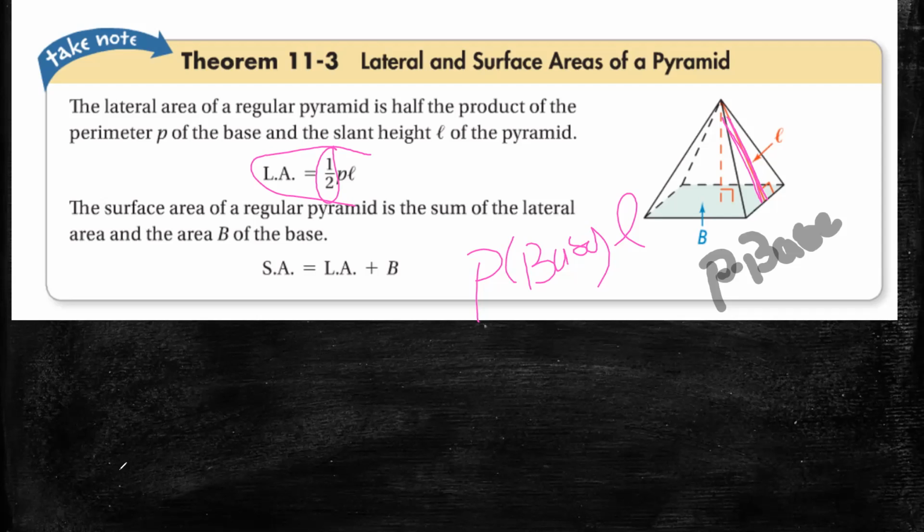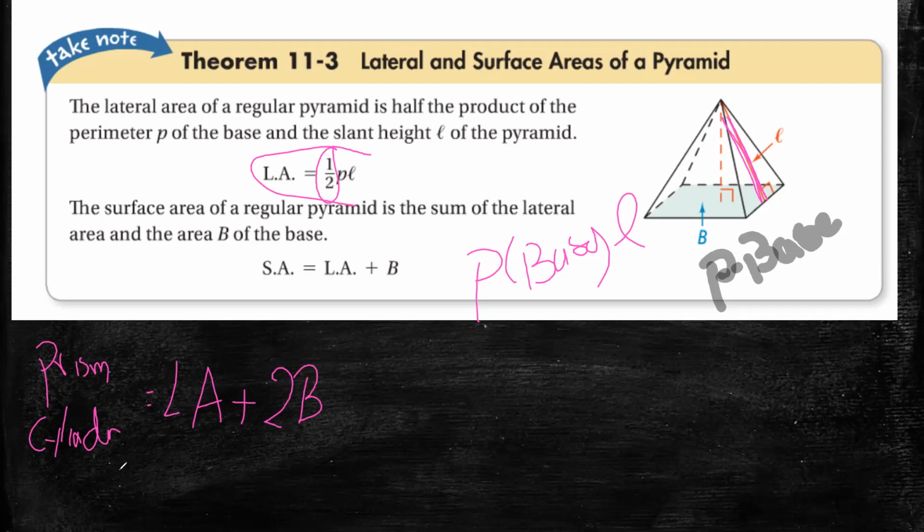Now, how can we find the surface area? As we remembered before, we talked about the prism, and we said that for the prism or for the cylinder, they have a lateral area plus 2 times the area of the base.